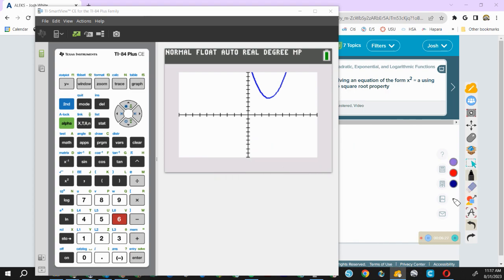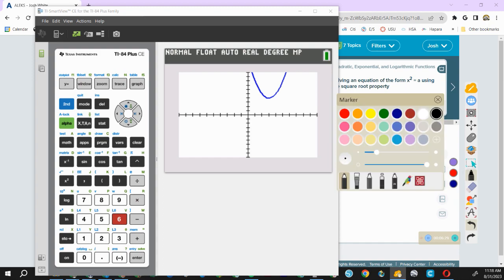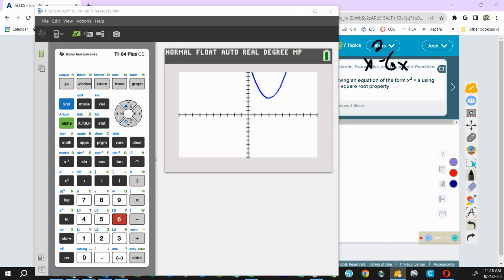So I just created the graph of x squared minus 6x plus 13, and the roots of that are x equals 3 plus or minus 2i. So anytime a parabola misses the x-axis, the roots are imaginary.